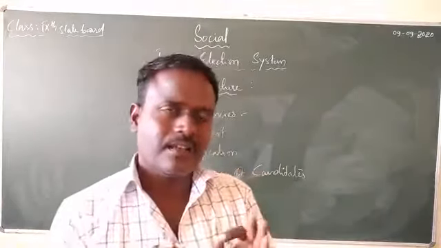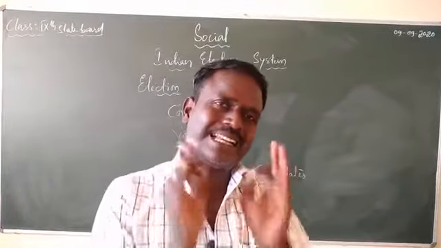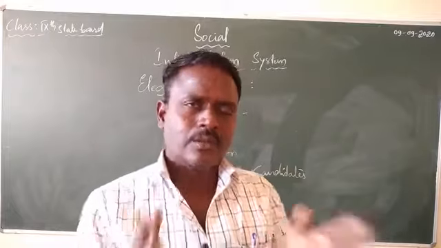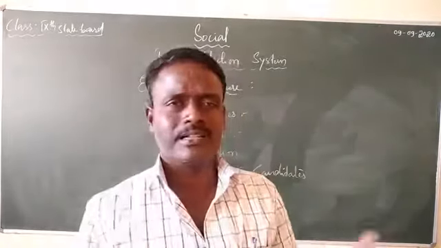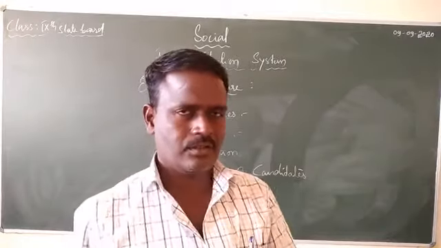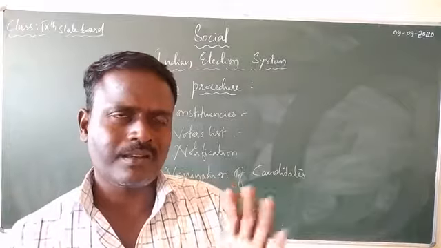Once it is reserved for the SC or the ST, only people belonging to that category are supposed to contest the election in that constituency. If it is for GM, that is general merit, everyone can contest the election for that constituency. So I hope now you know what we mean by a constituency.